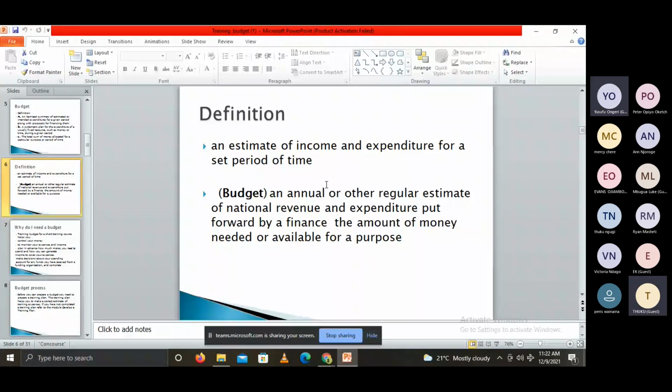But as you can see in the budget, we also talk about expenditure, an estimate of both income and expenditure. Why income? Because if you are doing training for commercial purpose, you must also ask yourself, are we going to make adequate profit? And that profit will be determined by the income you are going to make from that activity.